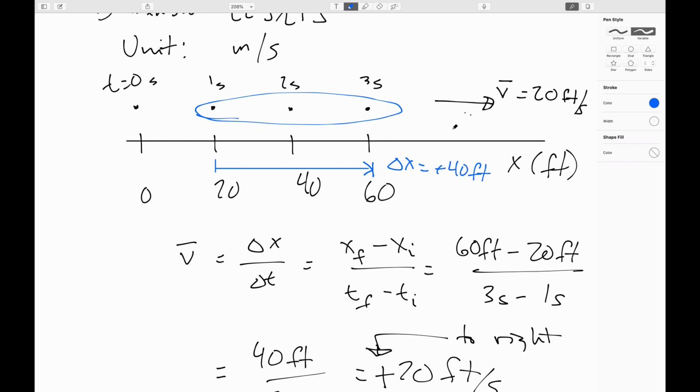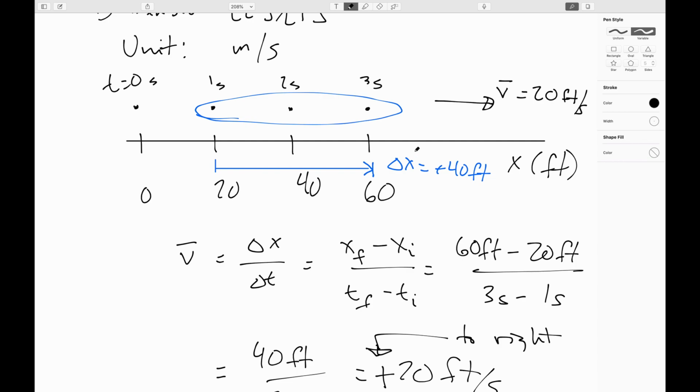Notice I didn't draw these the same length. They don't need to be the same length. This is because the units don't match. This is feet per second, that's feet. You never do a meaningful comparison. I could draw my V bar to be longer, shorter, or the same length on the piece of paper as my displacement, because the units don't match, I can't meaningfully compare length.